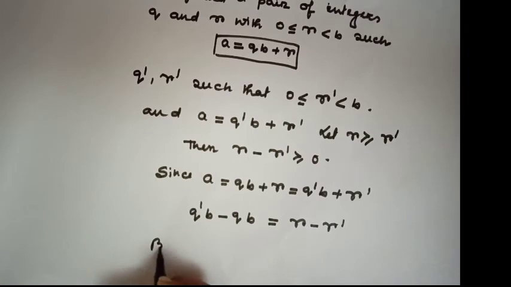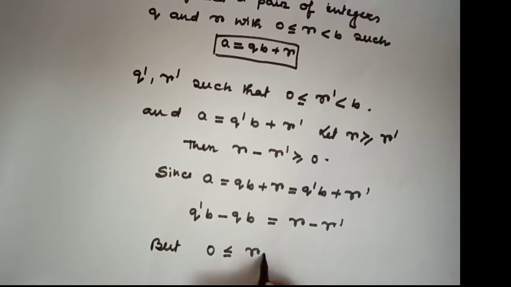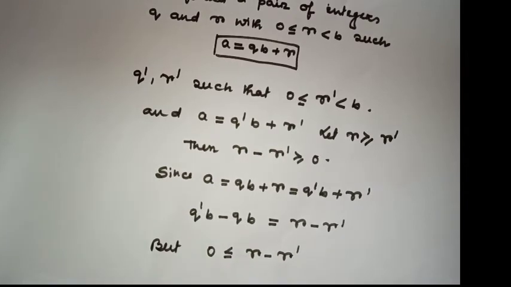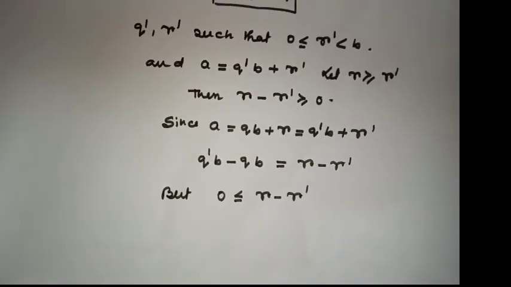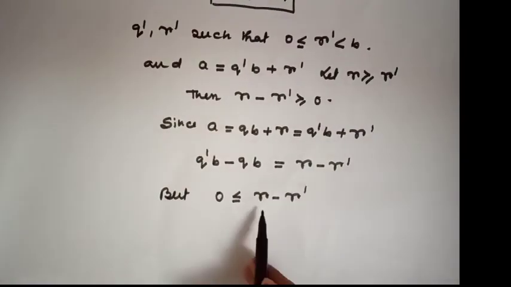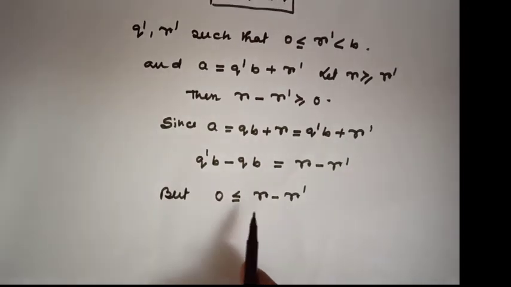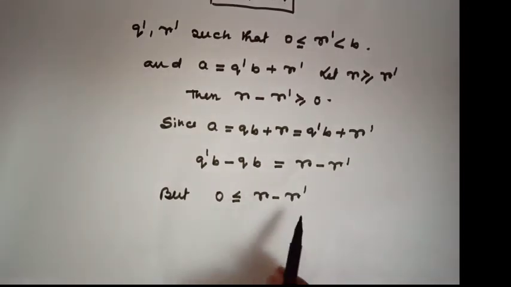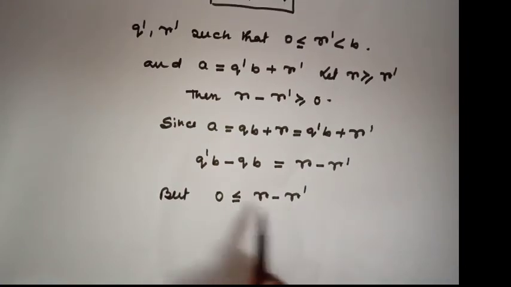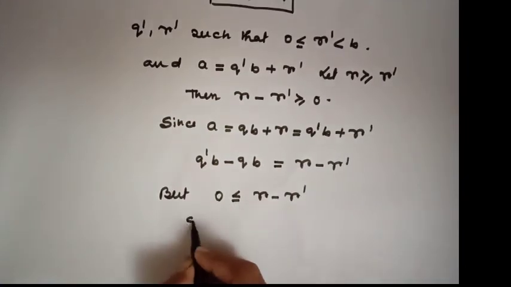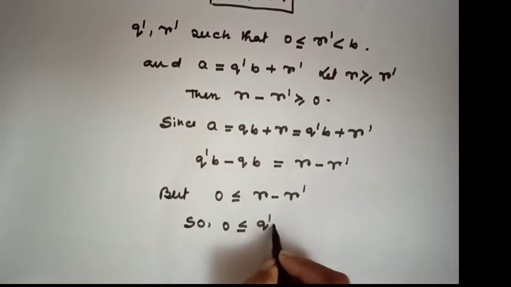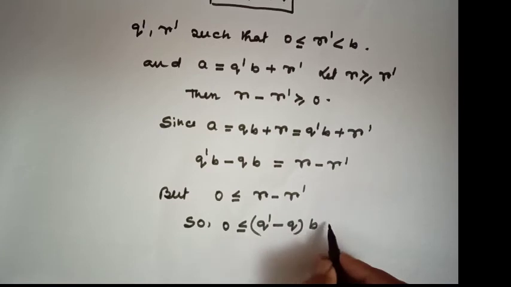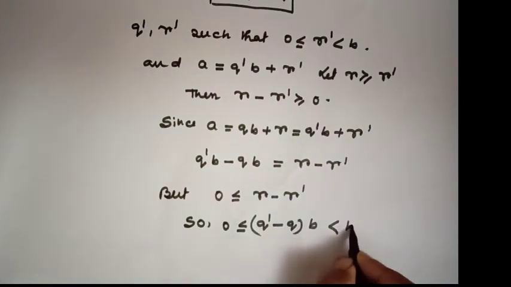But since 0 is less than or equal to r minus r dash, and we all know in the statement r lies between 0 and b, so we can write 0 less than or equal to (q dash minus q) times b, which is strictly less than b.